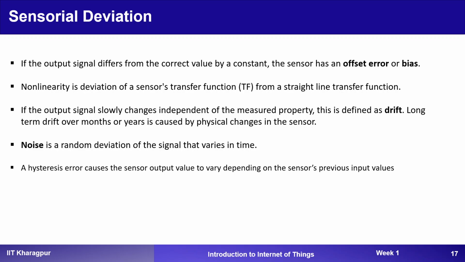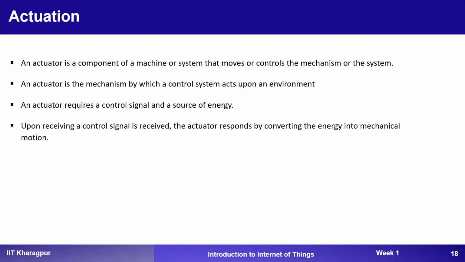An actuator is the mechanism by which a control system can act upon an environment. I have already told you this. An actuator requires a control signal and a source of energy. On the basis of this control signal, it acts upon that particular value, and the source of energy is responsible for the working of the actuator.